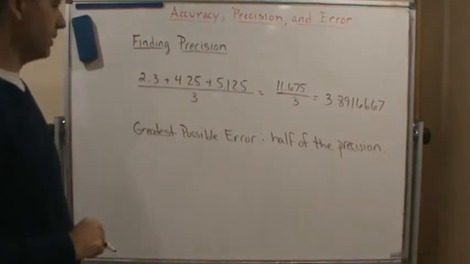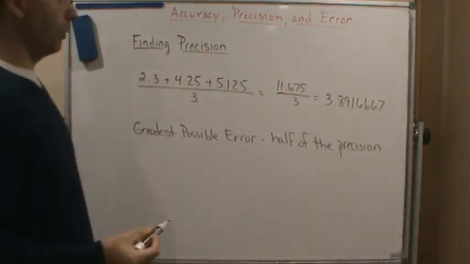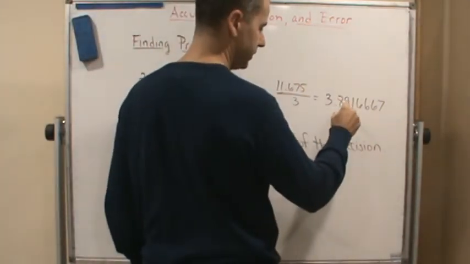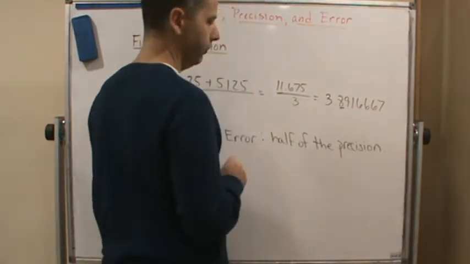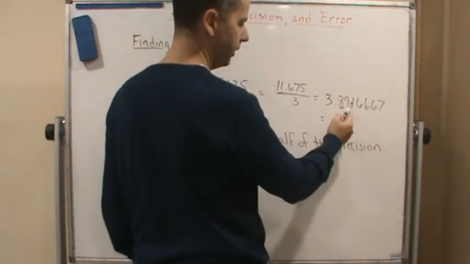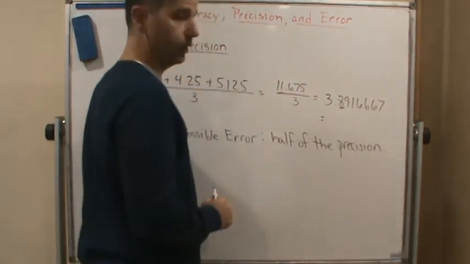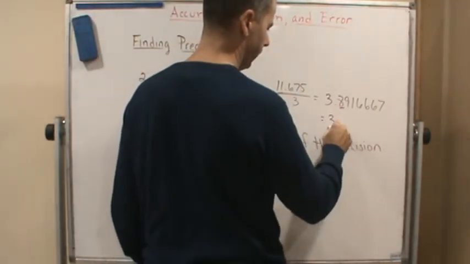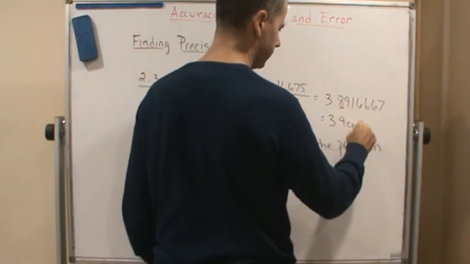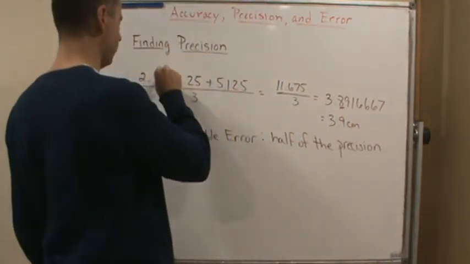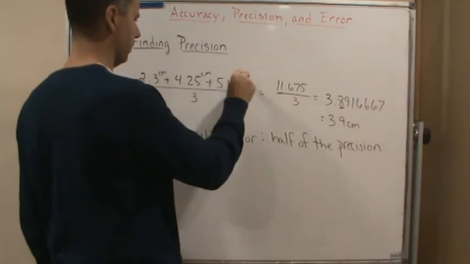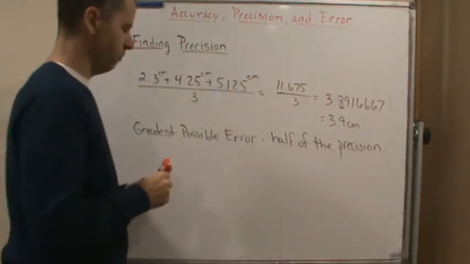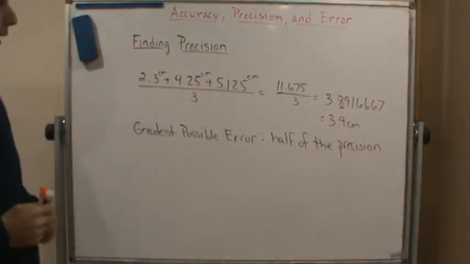Okay, and in this case we would round to the tenths place, and since 9 is 5 or larger, we would round to 3.9 centimeters. So these are all centimeters. Okay? And so that's how we do it.